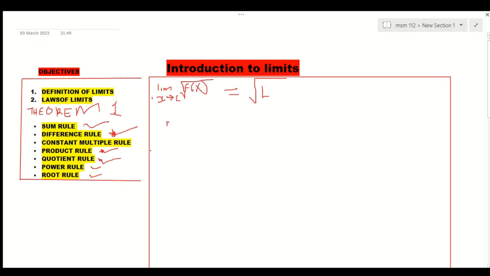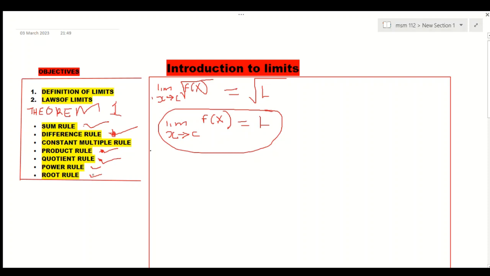If you find the limit as x approaches some constant of this function, and the answer is equal to something like L, so you find the limit first, then you put in the square root. That's the root rule.